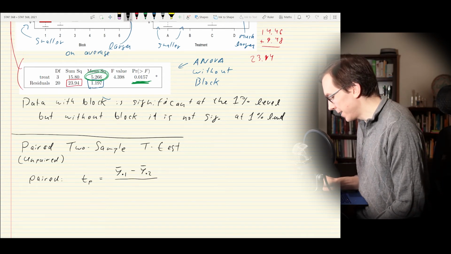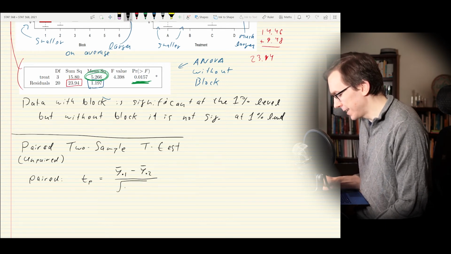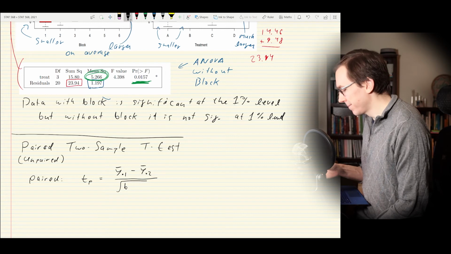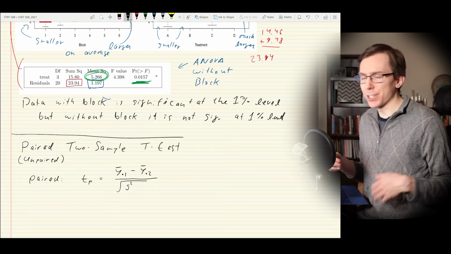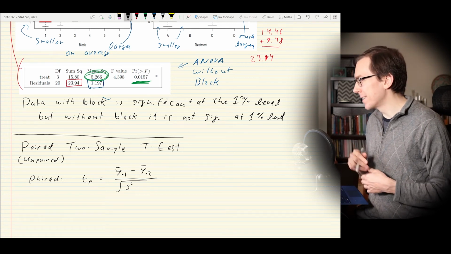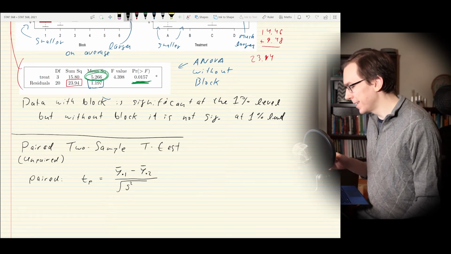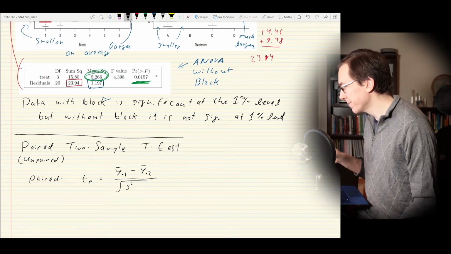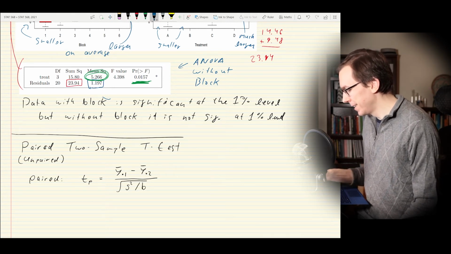In the denominator, we get the standard error, which involves S squared, our estimate of the sample variance, and we'll be dividing by B.